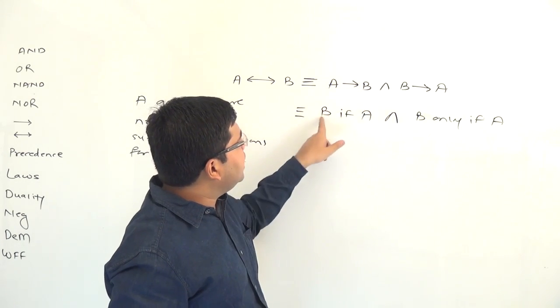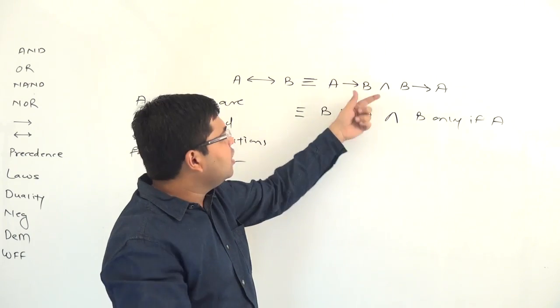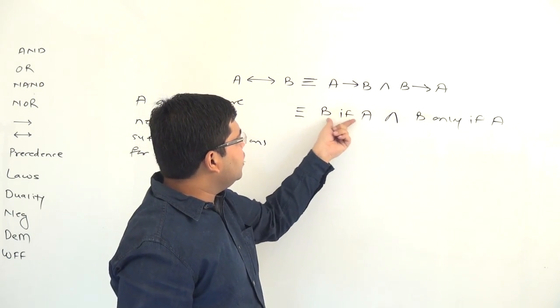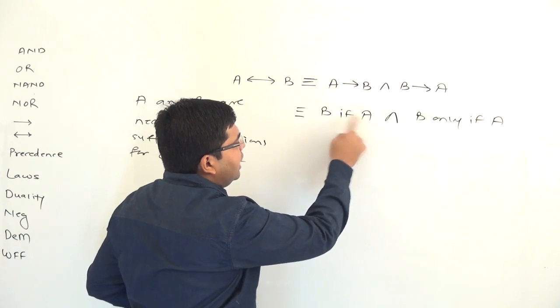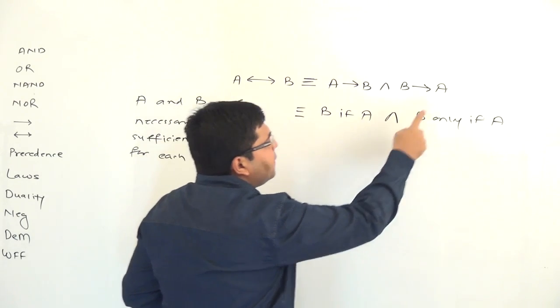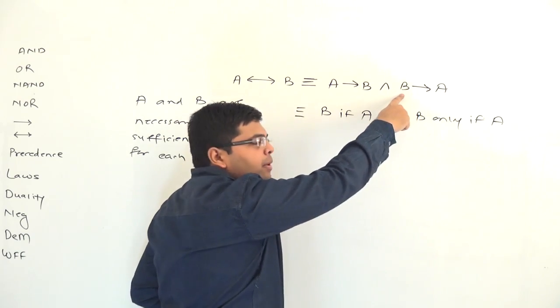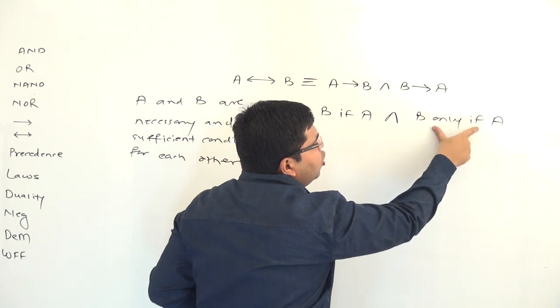Here I am writing B if A because B is on the then side. So B if A means if A then B. But here A is the necessary condition for B, and therefore I am writing B only if A.